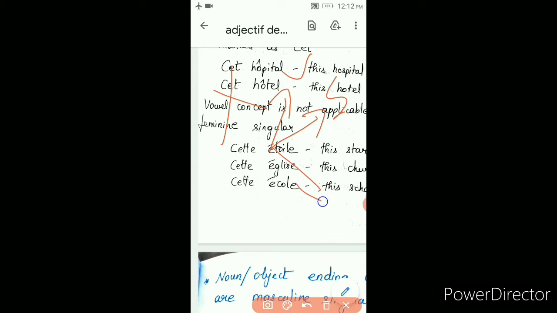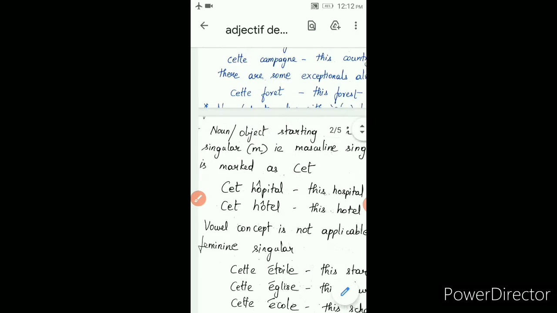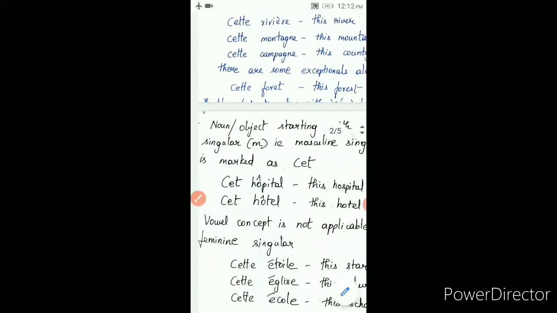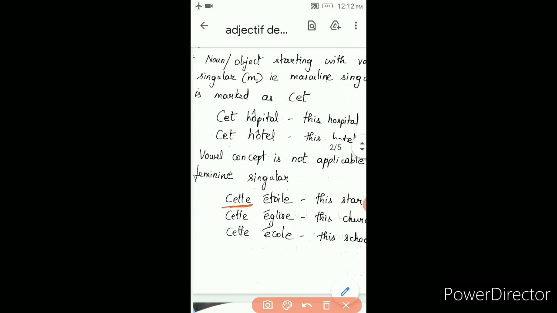The reason why is, it is feminine singular. For feminine singular, vowel concept is not applicable. So, as usual, you have to apply feminine concept. What is feminine concept here? Feminine demonstrative here is cette. So, that we have written here. Hope it is clear. Okay.